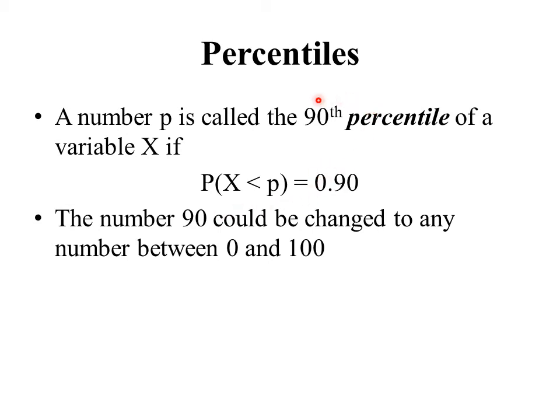Now, there's nothing special about the number 90. That number could be changed to any number between 0 and 100. So a percentile is a number for which the probability that x is less than that number equals the percentile, the 90th in this case.